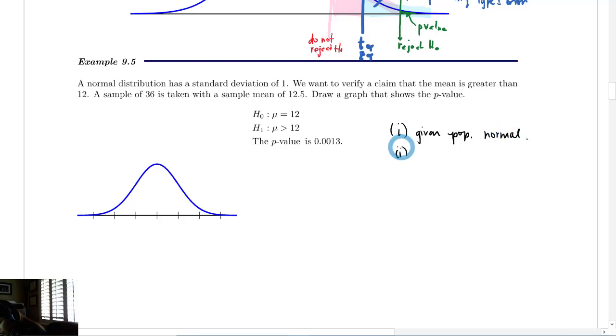Second, a sample of 36 is no more than 5% of the population values.